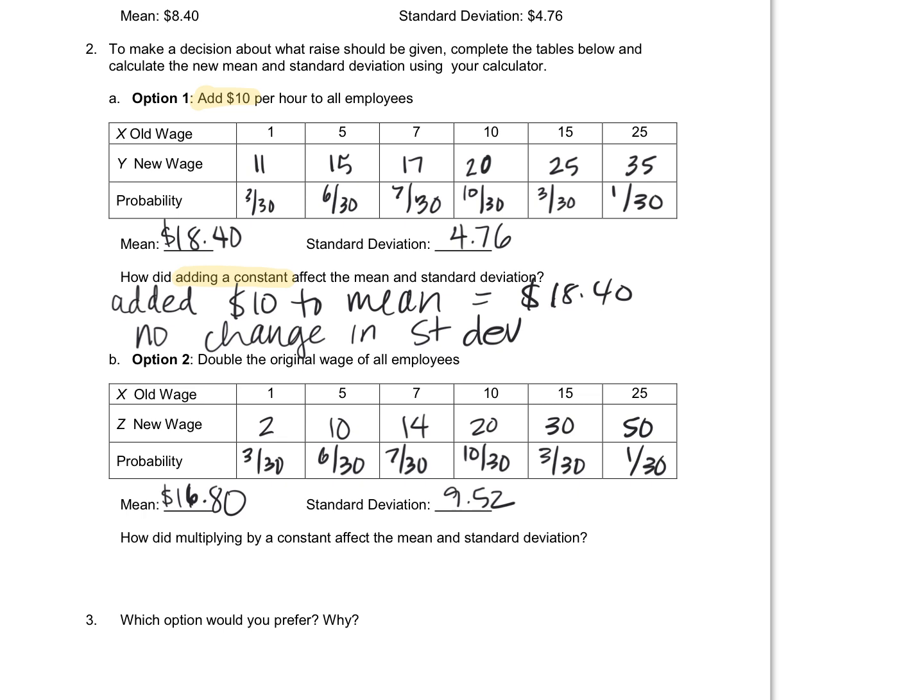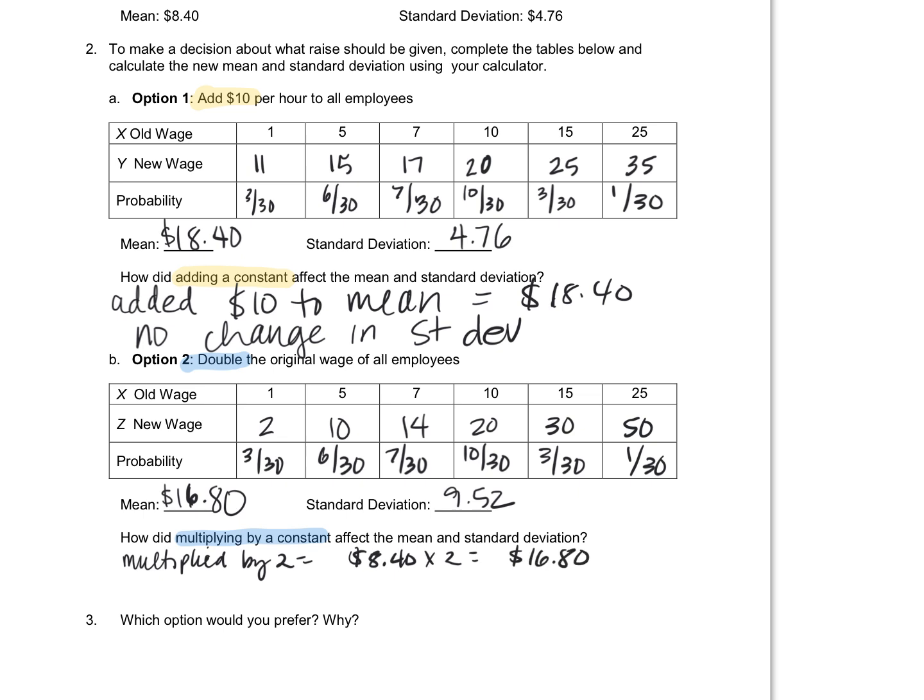So this time we multiplied by a constant, also known as doubling it, right? Multiplied by 2. How did that affect our original mean? Exactly, just multiplied by 2. Because the original was $8.40 times 2 gives me $16.80, which is my new mean.